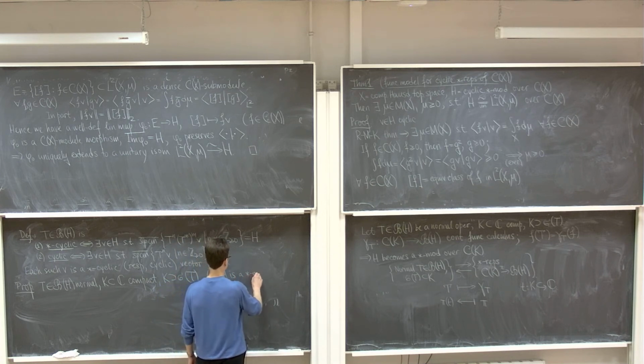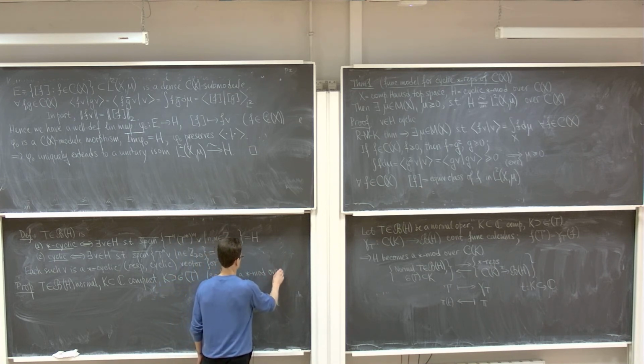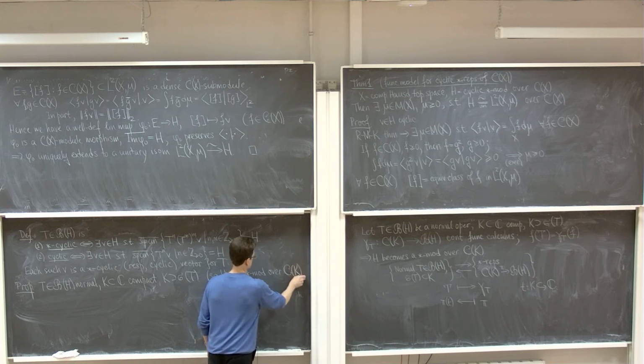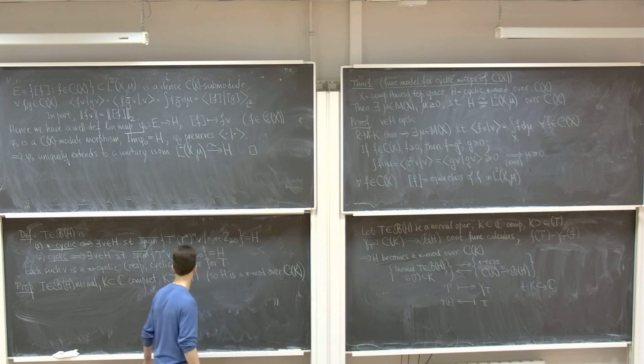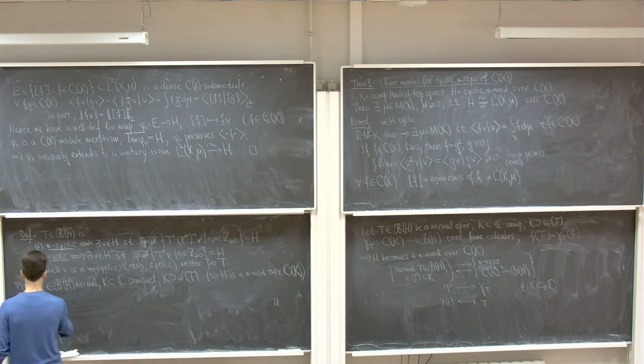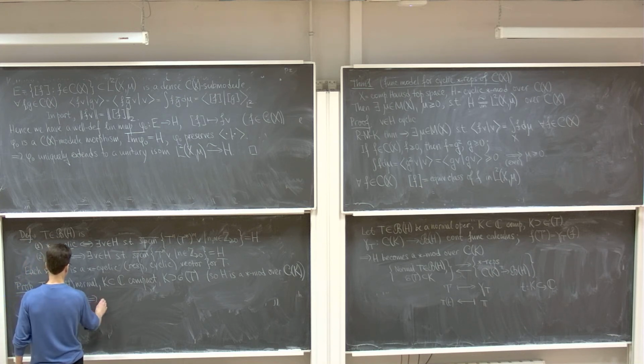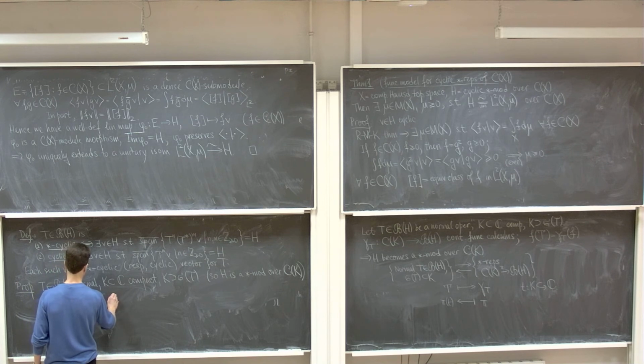It's a star module over C of K by means of this correspondence. So I claim that H is cyclic if and only if T is star cyclic.